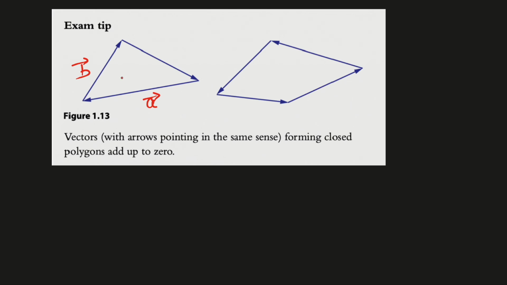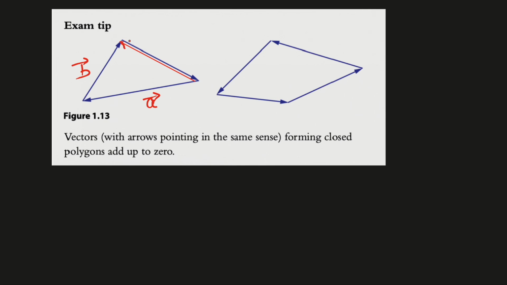The resultant is when the a vector is here and the tail of the b vector is on the head of a, then the resultant is from the tail of the first vector to the head of the other vector. We simply draw this vector as the representation of the resultant of a and b, in this direction.